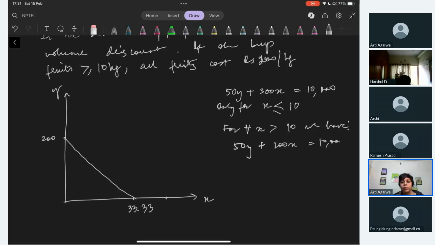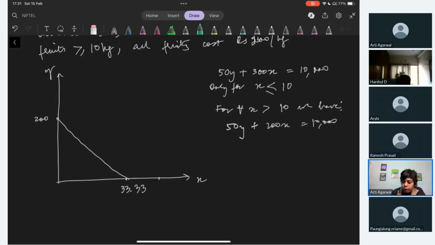So now it's pretty straightforward. Now you don't have the right side budget adjustment, because in this case, we are not saying that she should have already spent an amount on buying 10 units or 10 kgs of X. Now we are saying that if she's buying X greater than 10, the whole thing is going to cost 200 rupees per kg.